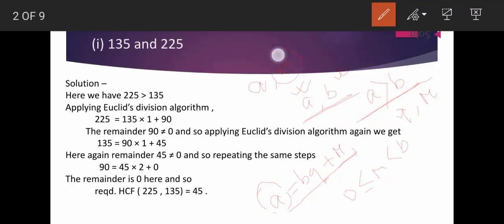This remainder should always follow this condition. That means the remainder should always be greater than or equal to 0, but it must be less than the divisor, that means B.